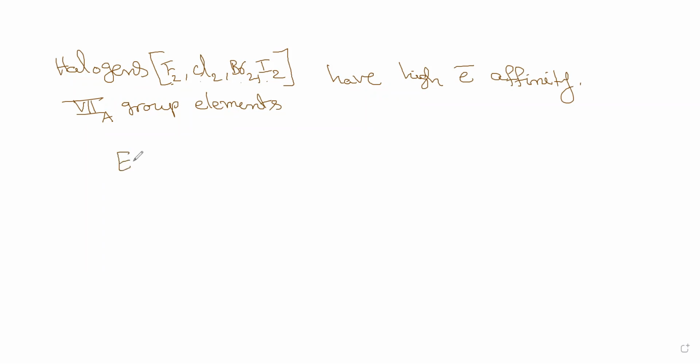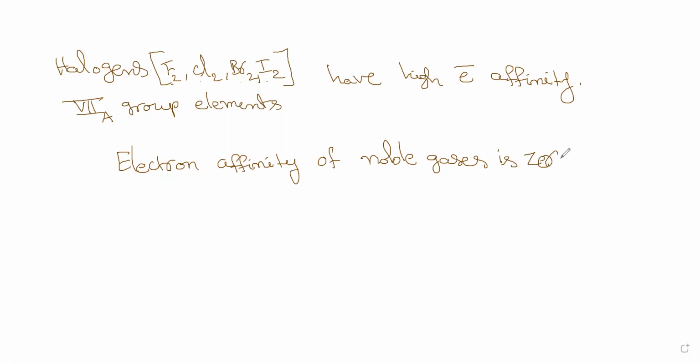Electron affinity of noble gases is 0. Electron affinity is highest for chlorine.